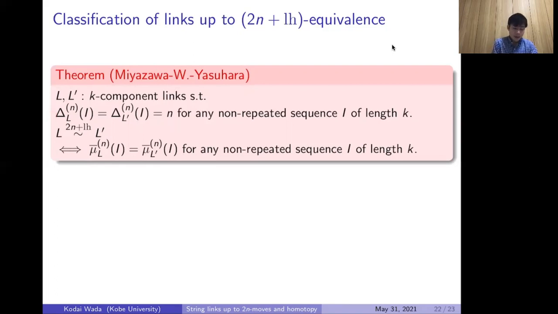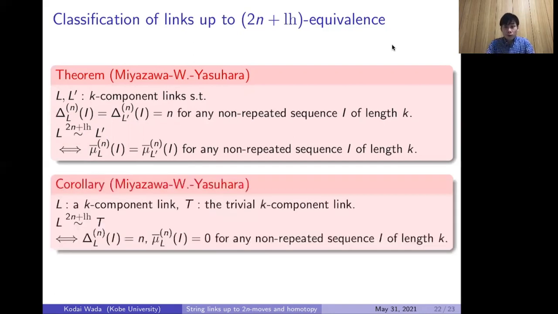Then L and L prime are 2n plus LH equivalent if and only if they have the same mu-bar n invariant for any non-repeated sequence I of length k.